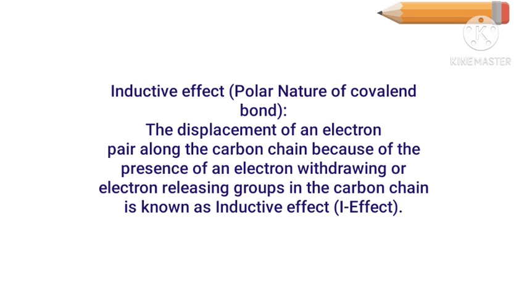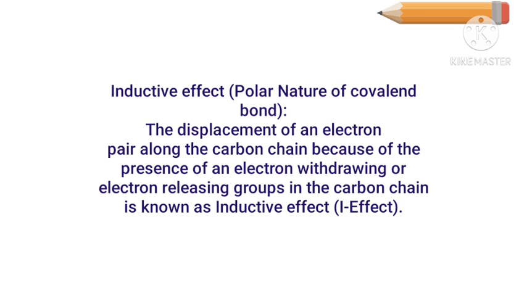What is inductive effect? The displacement of an electron pair along the carbon chain because of the presence of an electron withdrawing or electron releasing group in the carbon chain is known as inductive effect or I effect.